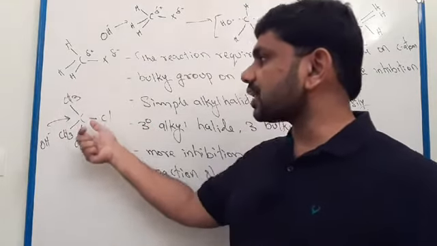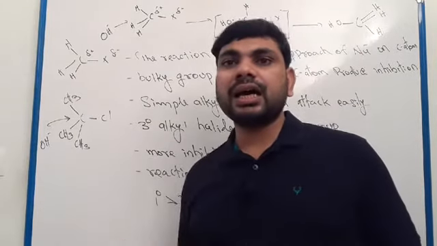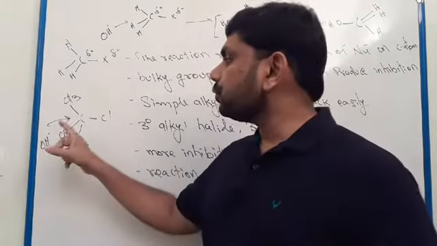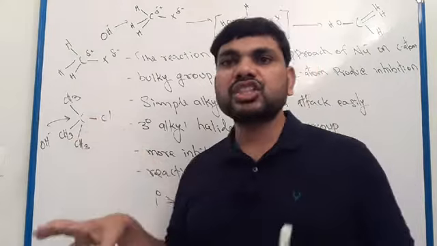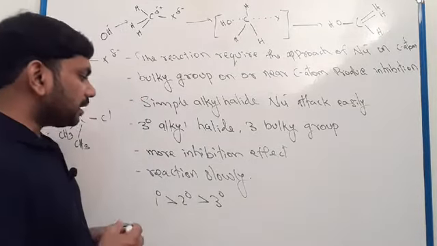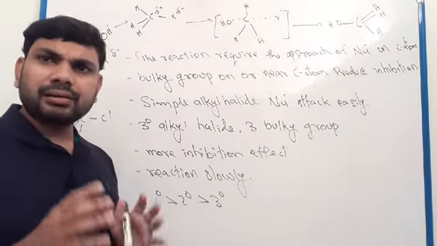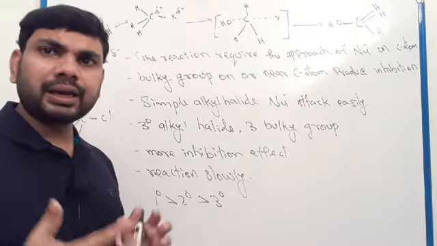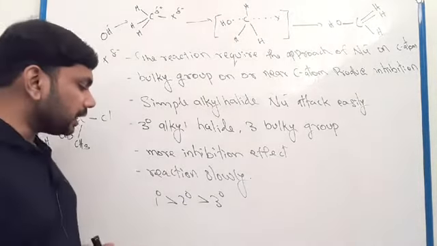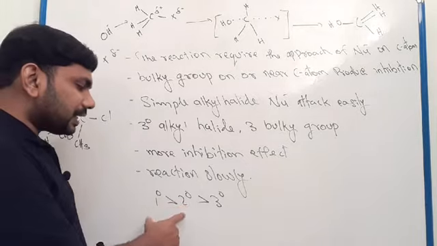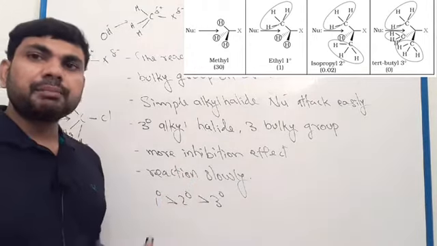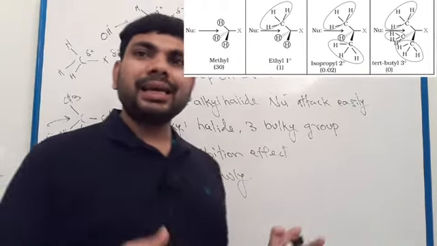But in tertiary or secondary alkyl halide there are bulky groups, so the reaction will be slow because the nucleophile cannot approach the positively charged carbon atom easily. So we can arrange alkyl halides according to their speed of chemical reaction. The SN2 mechanism will be fastest in primary alkyl halide, then secondary, then tertiary, because in tertiary and secondary there are bulky groups that produce an inhibition effect.